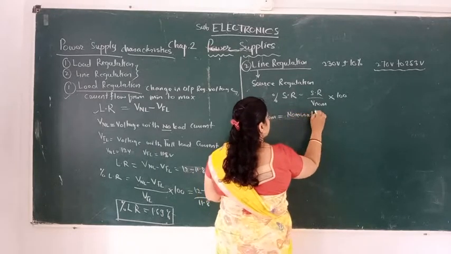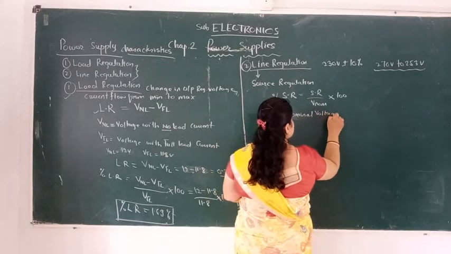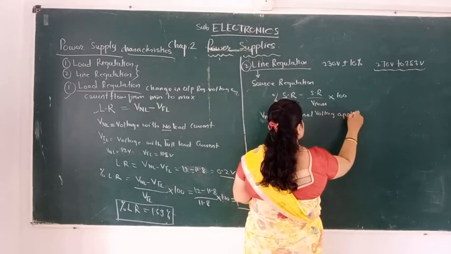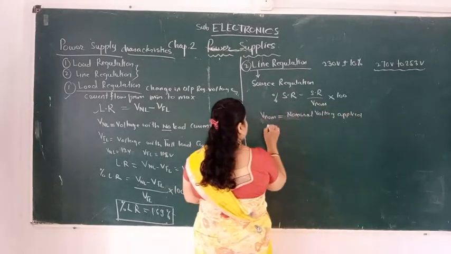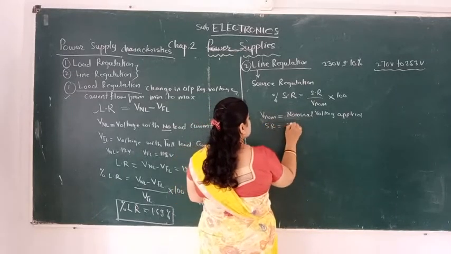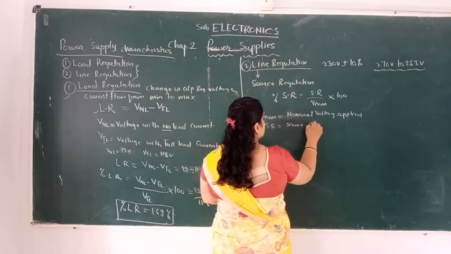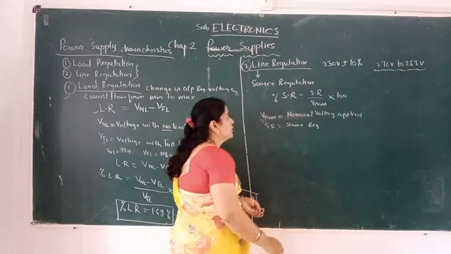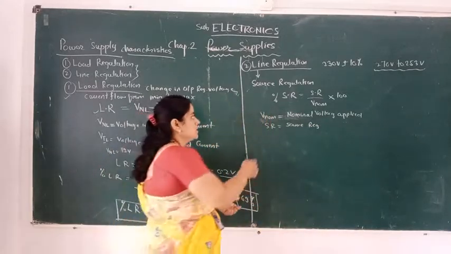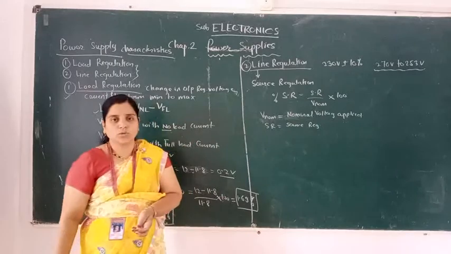The nominal voltage applied is called V norm, and SR is the source regulation, the value given to the source regulation. So this is the percentage of the source regulation.